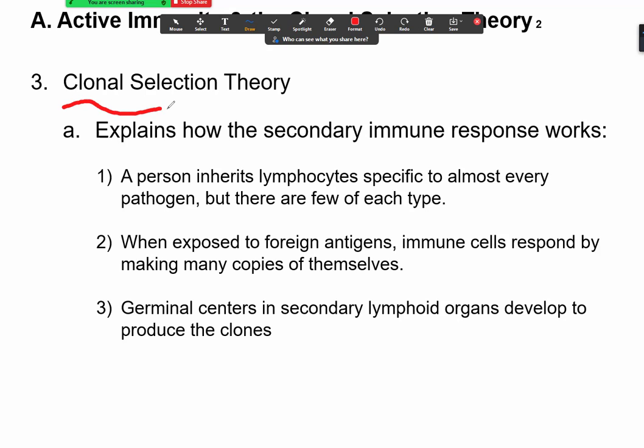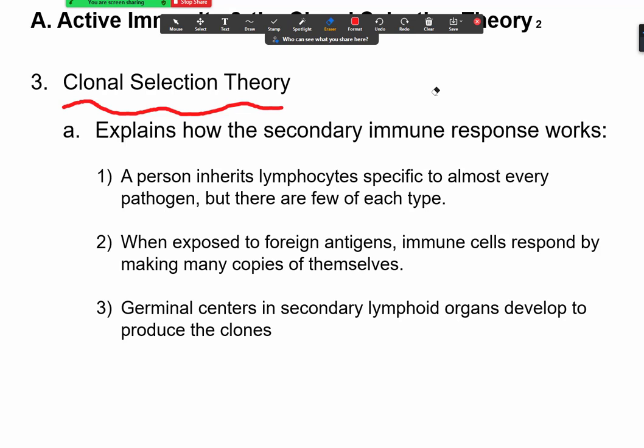And this is a theory because this is not 100%. It's not 100% because there's still research governing this, but this is the widely accepted theory of how the B cells work. So most of us, you're going to have inherited genes from your mom and dad, right? And then you have kids, the kids will have your genes, and so on and so forth. Most of our genes in our DNA code for different kinds of antibodies.